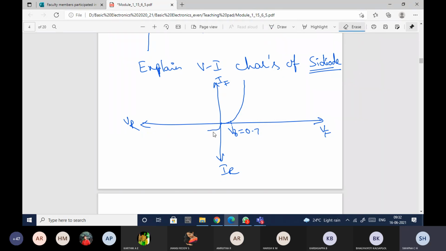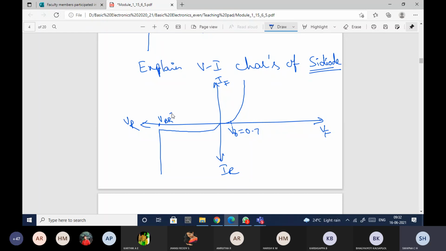So VBR. Once again, let me draw it properly. After that, there will be the saturation current, and at a particular voltage VBR, the diode will break down. Beyond this breakdown voltage, you cannot use the diode.